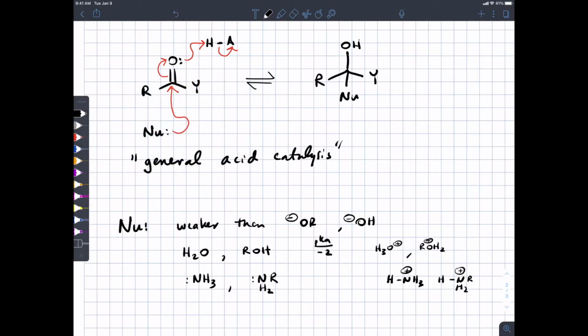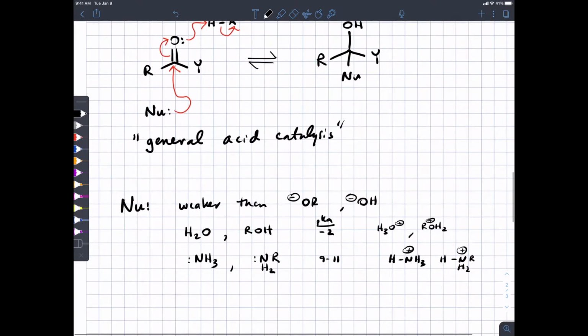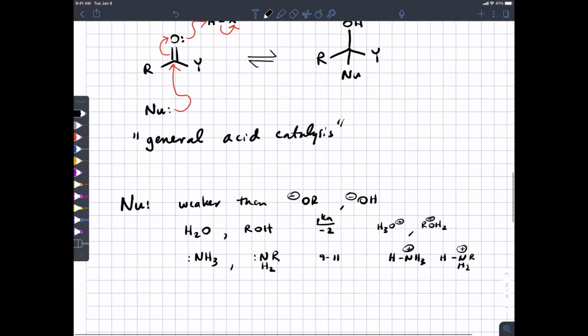And these have pKa's in the range of 9 to 11, depending on structure. CN minus is another example. Its conjugate acid is HCN, which I believe has a pKa around 9. Another example might be thiolates, negatively charged conjugate bases of thiols, whose pKa's are around 8.